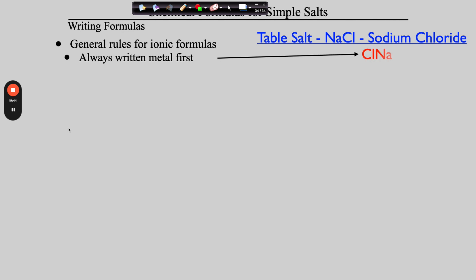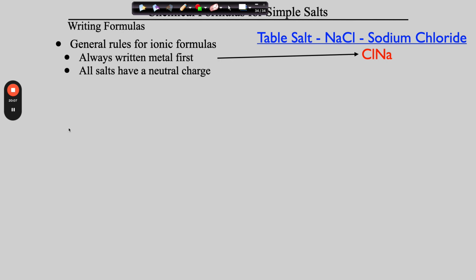You have never seen table salt written ClNa. It just looks dumb. Why is it always NaCl and not ClNa? Because sodium's a metal and chlorine's the non-metal. Always metal first. The beauty of it is the metals are on the left on the periodic table, so if you read them off the periodic table, they're always in order.